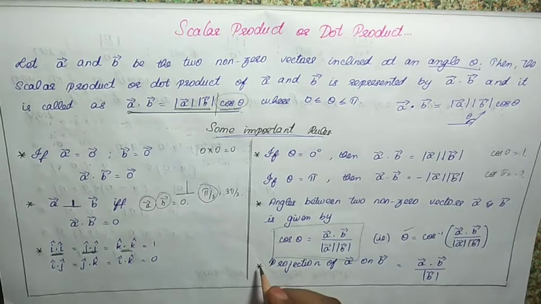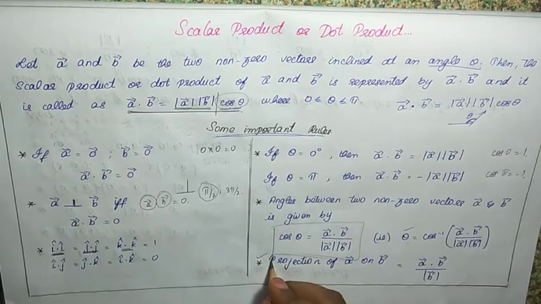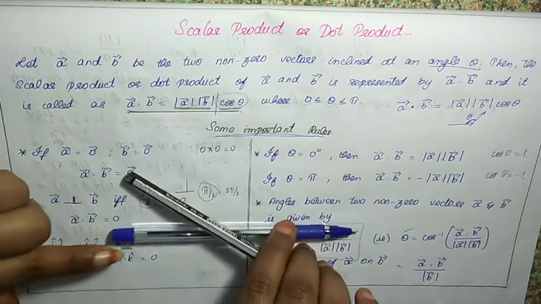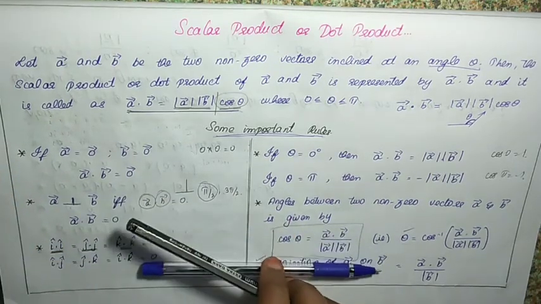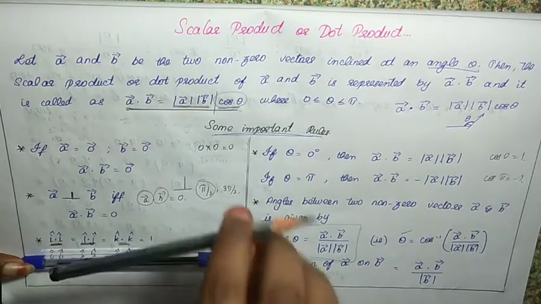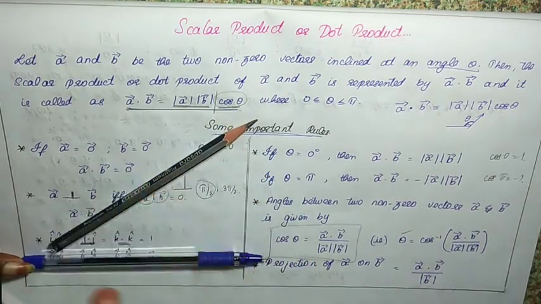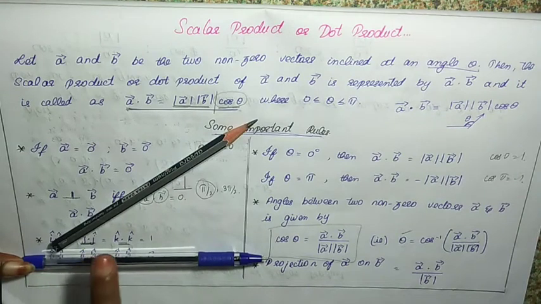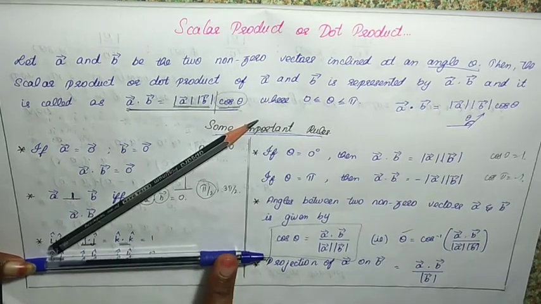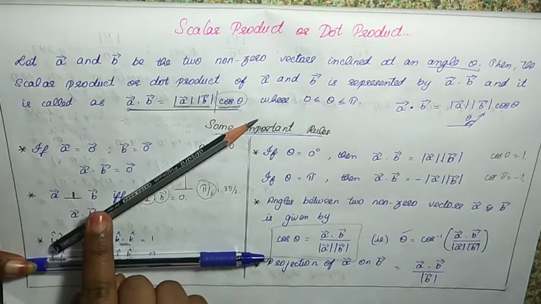Okay, and the last one, projection of a vector on b vector. This is a very, very important formula that you have to know. For example, let this be one vector, and I have one more vector like this. Let this be my b vector, and let this be my a vector.